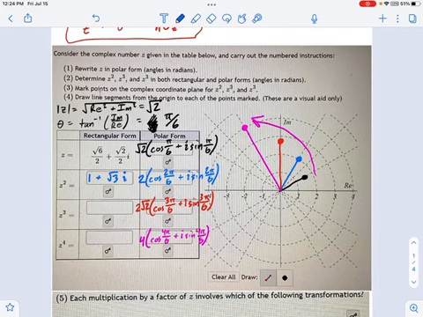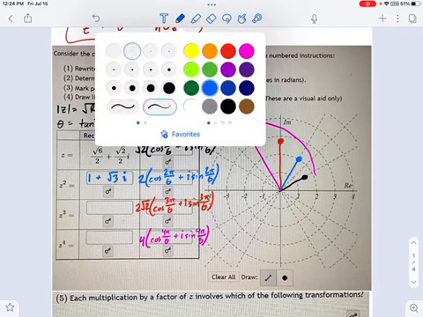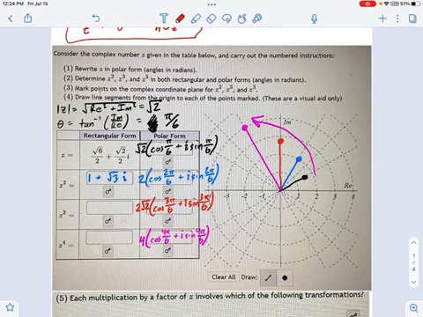Okay, that's my radical form there. And now for the next one, what I would do is I'd say, okay, what's the cosine of 3 pi over 6? Well, that is 0. So you can say 0 plus if you want, or you could just leave that part blank. It doesn't matter. Sine of 3 pi over 6 is 1. So this just becomes 2 radical 2 i. Okay, and so on. The rectangular forms, once you have the polar forms, it's pretty easy to get the rectangular forms. You just evaluate it.